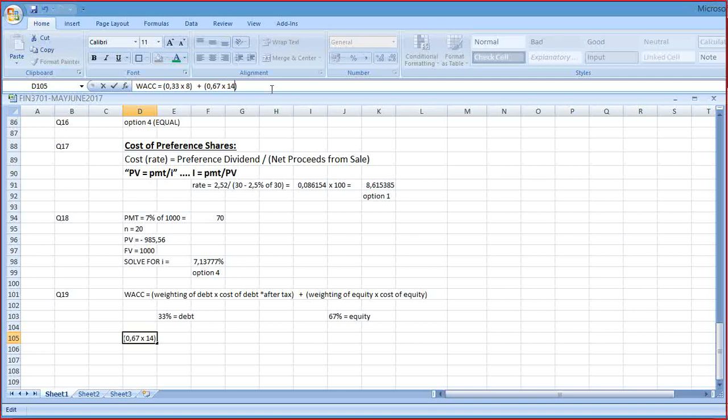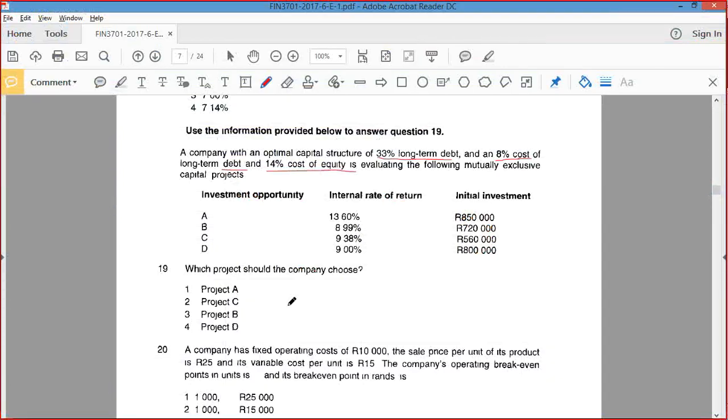12.02% is the WACC. Okay, so now I've got 12.02%, which is my weighted average cost of capital.